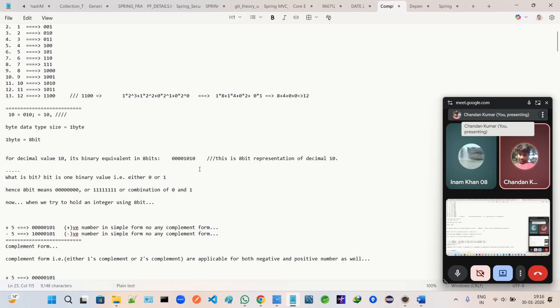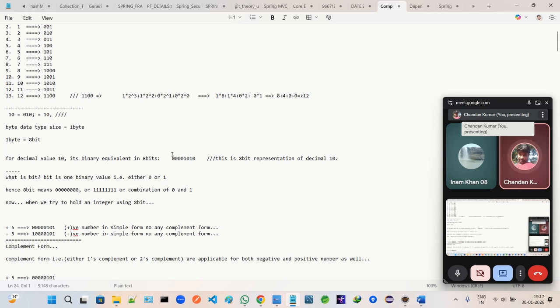Now in programming we know we can have negative numbers as well as positive numbers, right? So how can we recognize that this is negative and this is positive? Because ultimately at the hardware level, a value is going to be represented in bit values only, correct? So to understand whether the value is negative or positive, we have the sign bit.